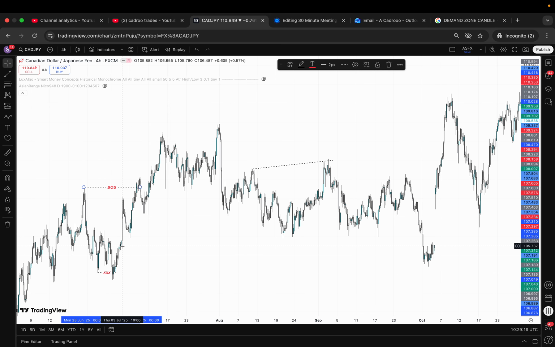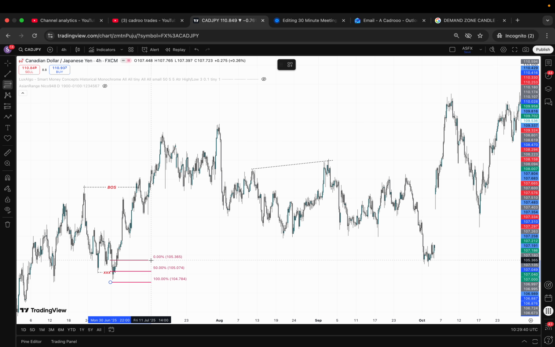Checklist number 2. What do we do now? Use our Fibonacci tool to determine premium and discounted areas. Now, what are we looking for? We're looking for buys, so we're looking for price to retrace back into the discounted areas before flying off. And we don't want to look for buys anywhere between the premium areas and the equilibrium.